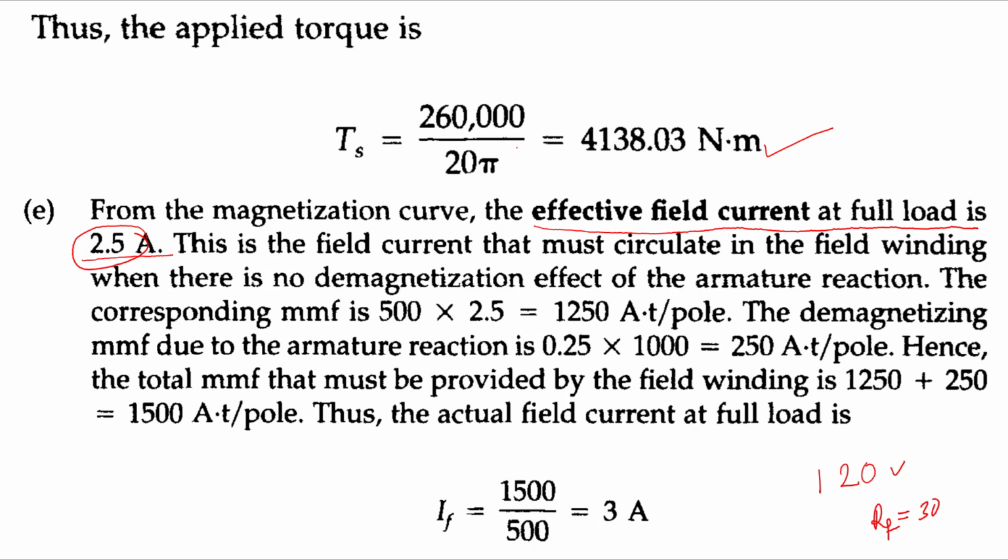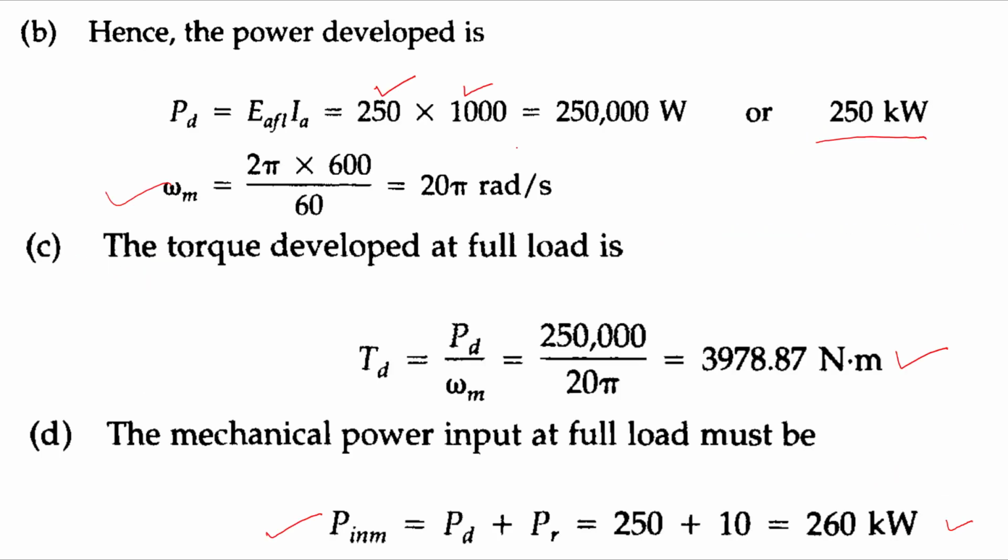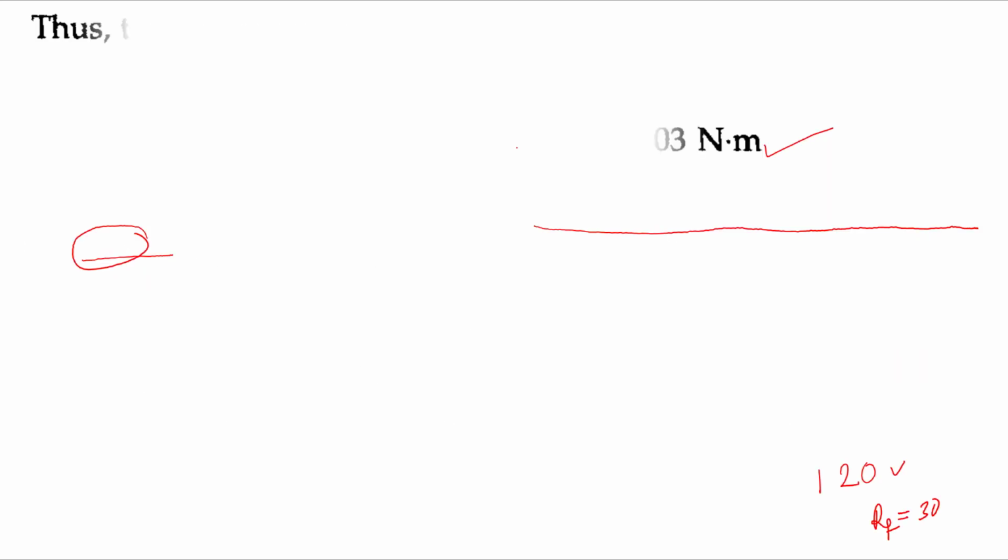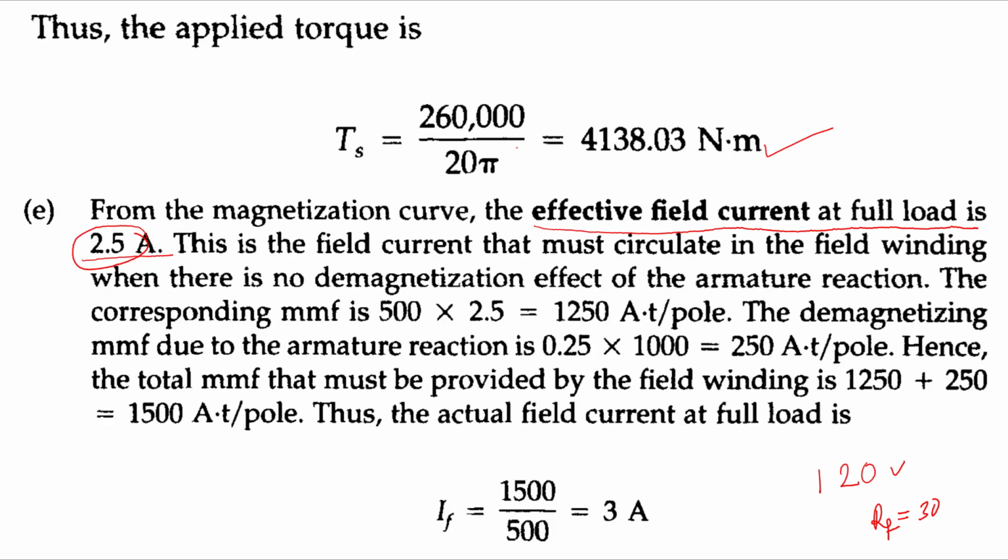Question: does that 25% play any role, that is, the demagnetizing MMF due to armature reaction?